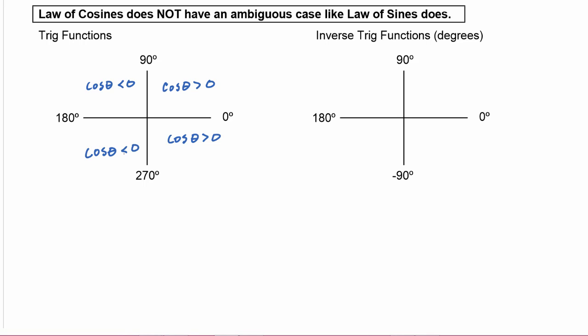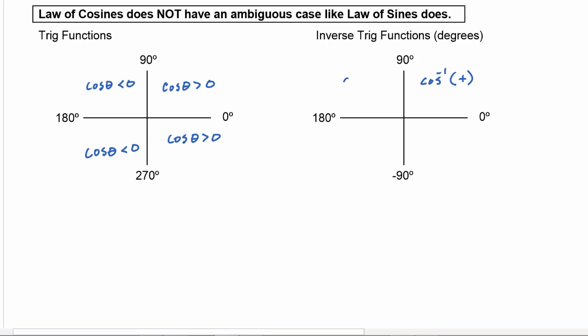Now let's also consider where the inverse cosine lives. We know that the inverse cosine only lives in quadrant 1 and 2, so if we're taking the cosine inverse of a positive number, then it will output an angle between 0 and 90 degrees.